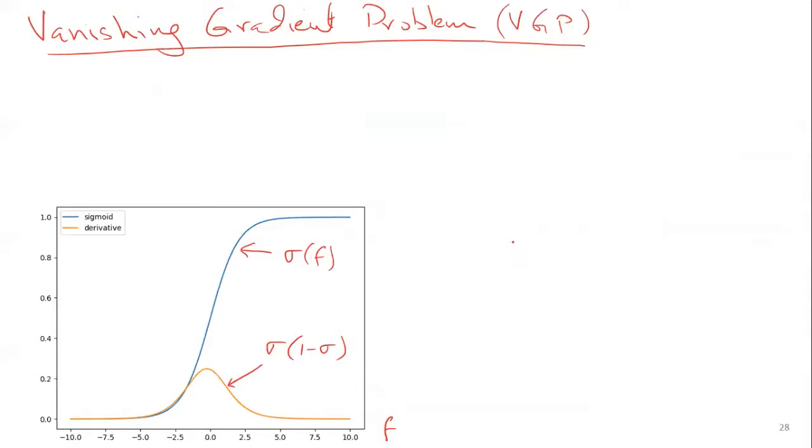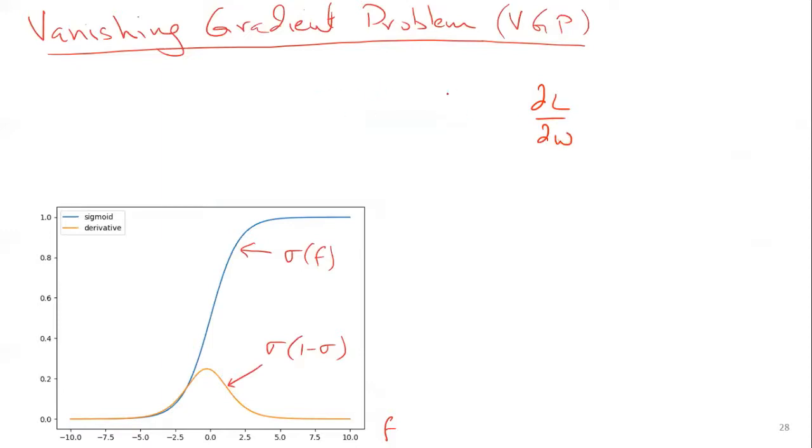Now, what do we understand by the vanishing gradient? Remember that when we're applying the gradient descent algorithm, we are looking at the loss as compared to the weight, right?